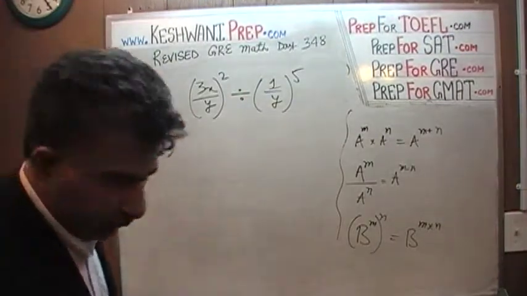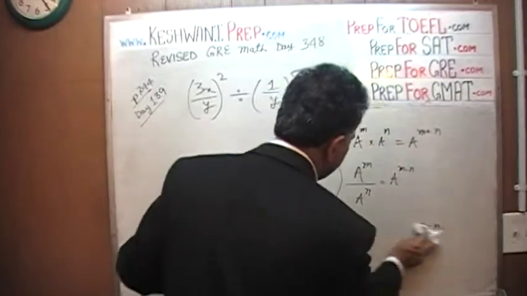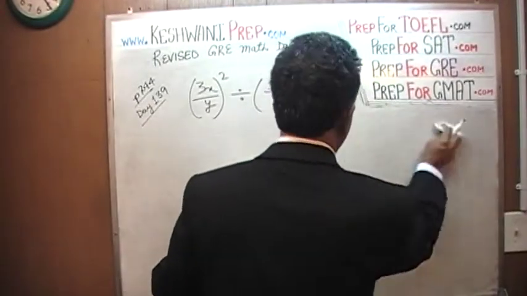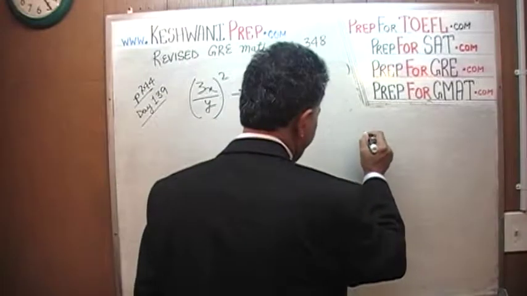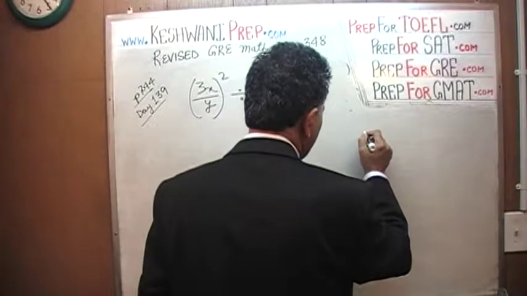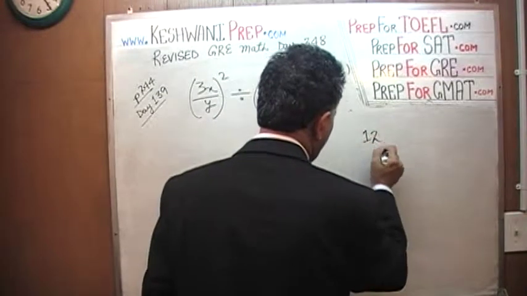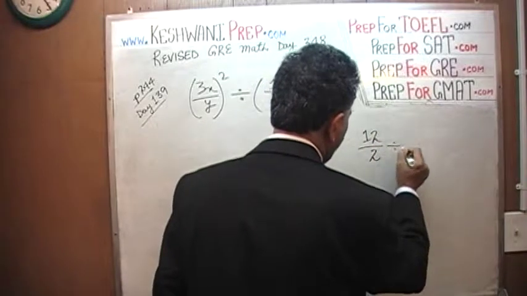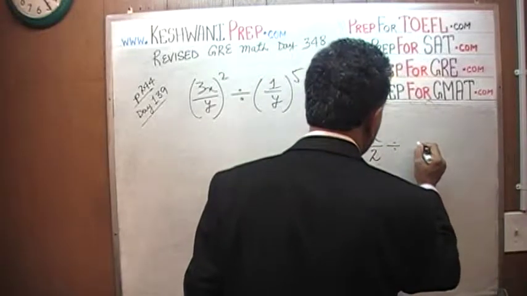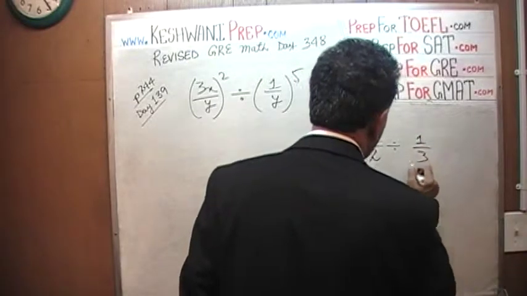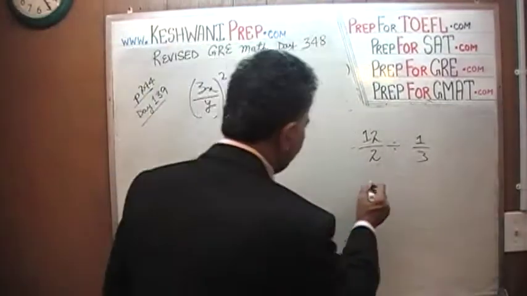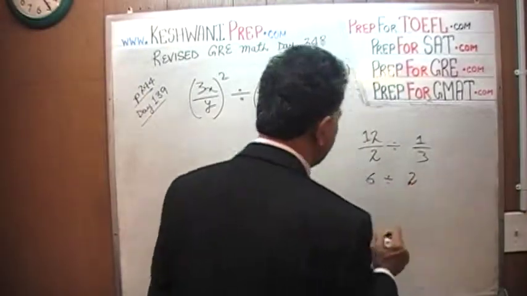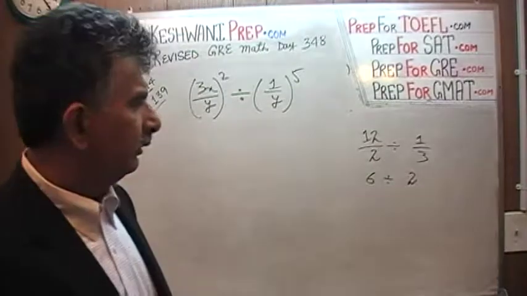And what do we know about dividing one fraction by another? If we have 12 over 2 divided by 1 over 3, 12 over 2 is 6. 6 divided by 1 over 3 should give us 18.